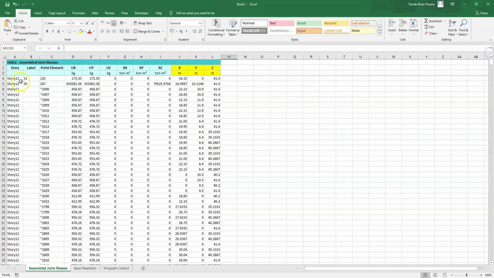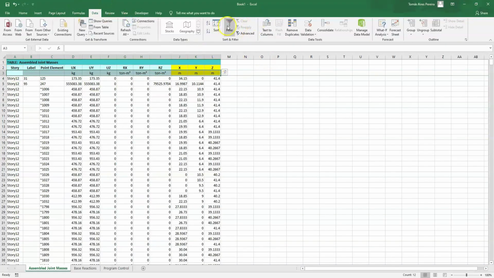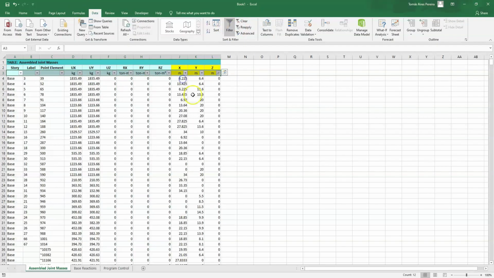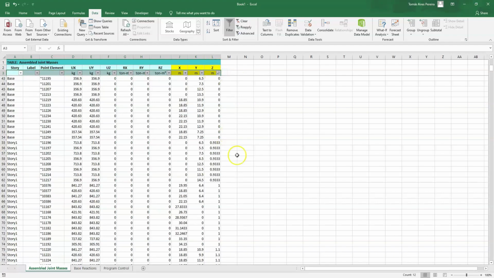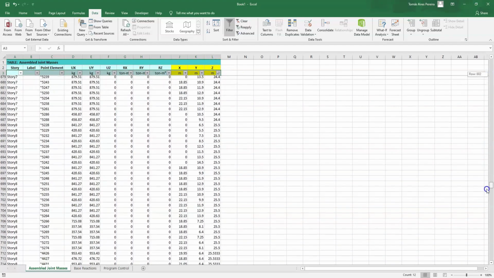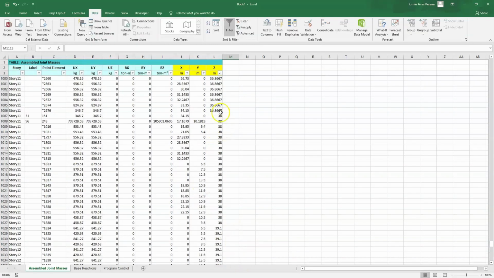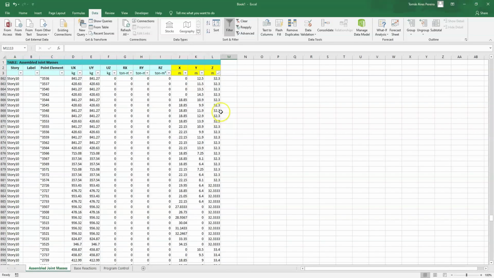Now, let's check if the upper third of the building contains more than 50% of the mass. We are going to sort the assembled masses by their height, the z-coordinate, and check the value for 1/3 of the total height of the building. This is basically the top 2/3. Starting from the top 2/3 up, we have to sum the masses.